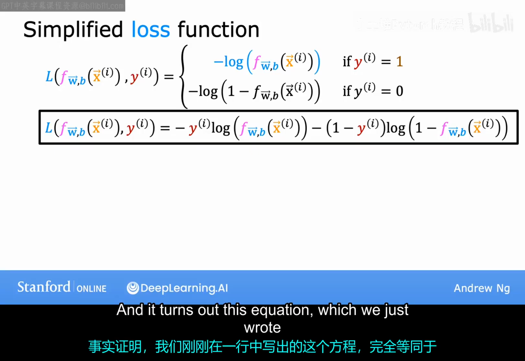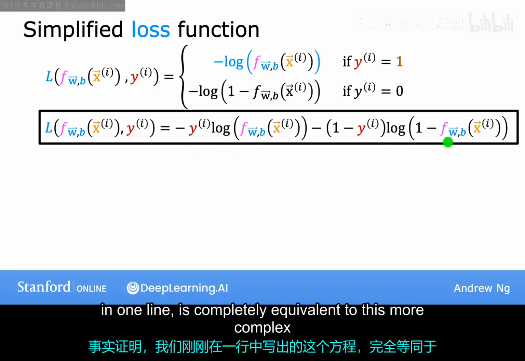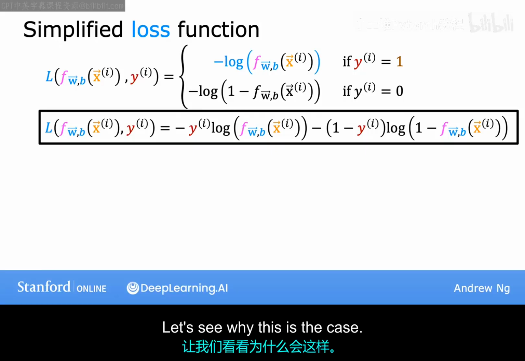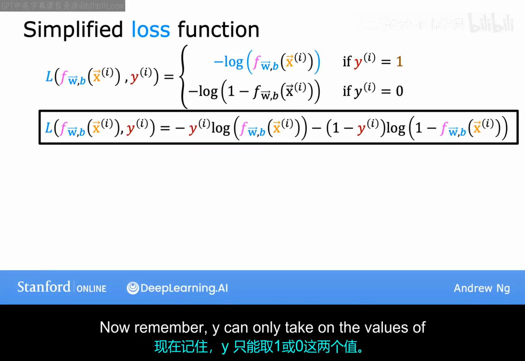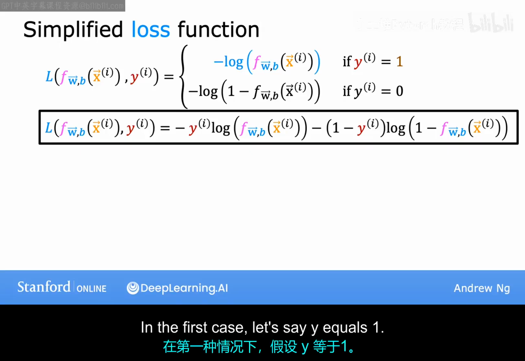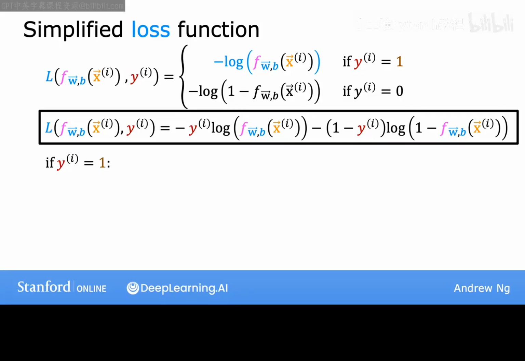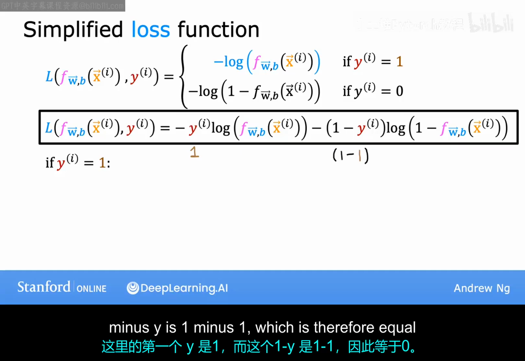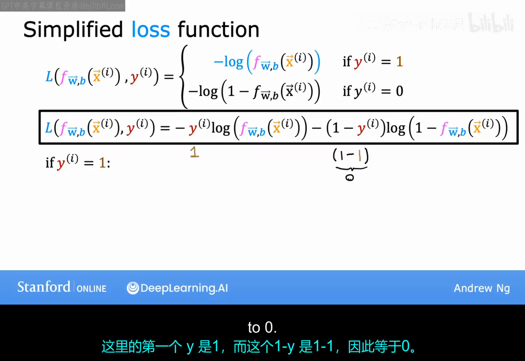And it turns out this equation, which we just wrote in one line, is completely equivalent to this more complex formula up here. Let's see why this is the case. Now remember, y can only take on the values of either 1 or 0. In the first case, let's say y equals 1. This first y over here is 1, and this 1 minus y is 1 minus 1, which is therefore equal to 0.